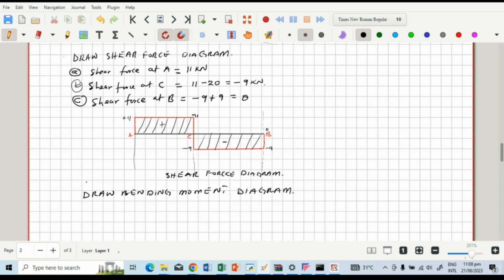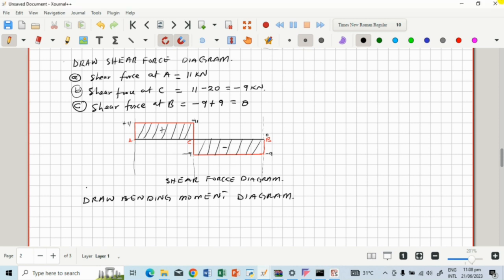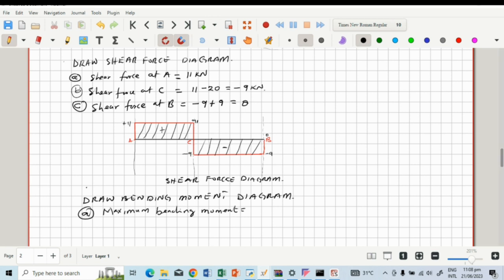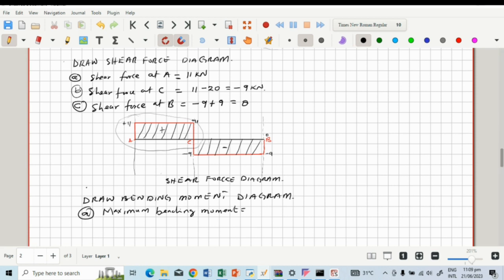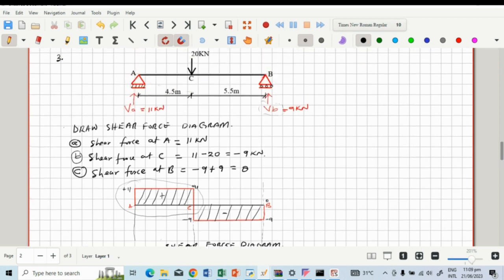Right. But before that, I would have to calculate the bending moment, right? So let's say the maximum bending moment. The area of the shear force diagram will give us the bending moment, the maximum bending moment. So if we consider the shear force here, it has a magnitude of 11 and the distance to point C is 4.5.